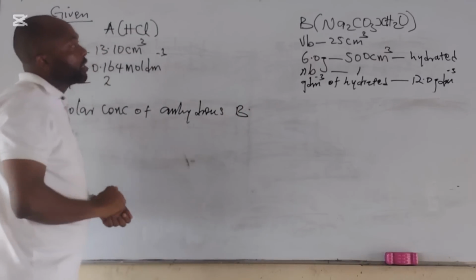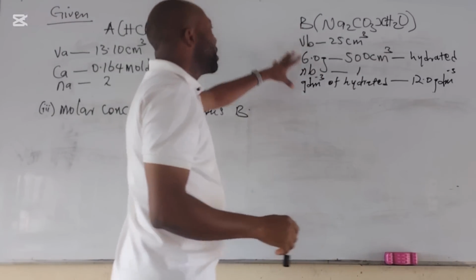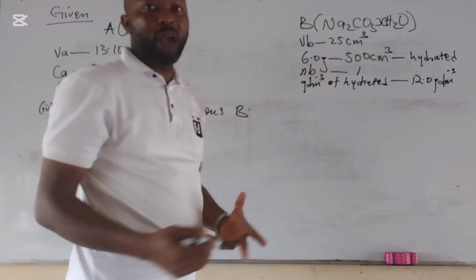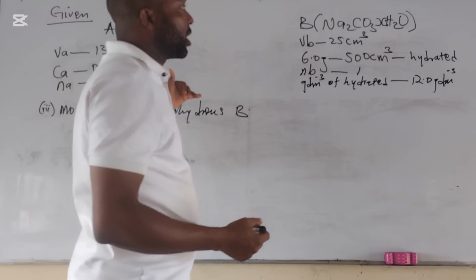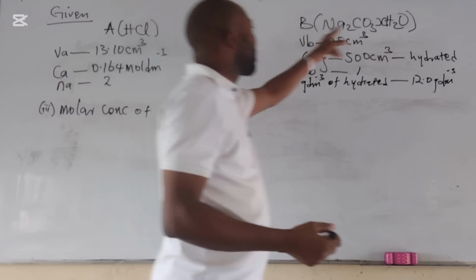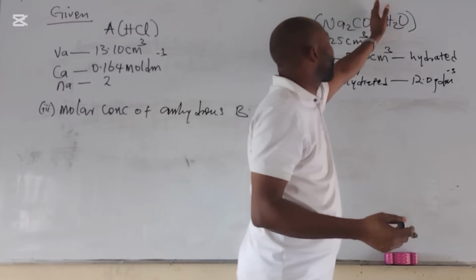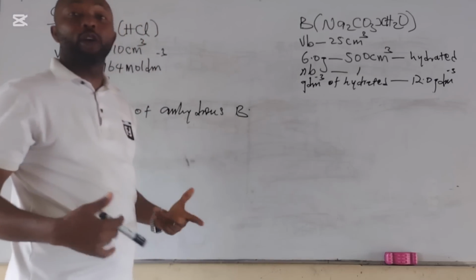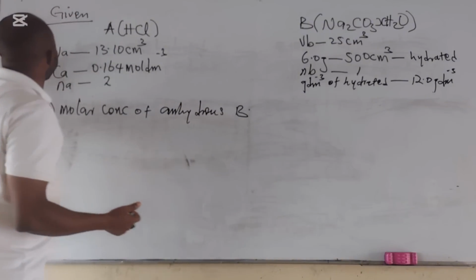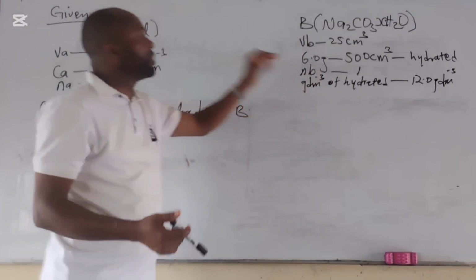Now for us to get the molar concentration of the anhydrous, we are going to use the CAVA formula. We have a lot of formulas. We have that of mass concentration over relative molecular mass, but the relative molecular mass is unknown here, so we can't use it. Since they say anhydrous, which means we are cutting this out, we use the CAVA. Now, are the variables for CAVA complete? Yes, we have VA, CA, NA, we have VB, NB. So it's just CB that is left.